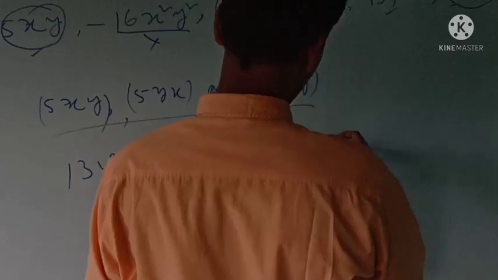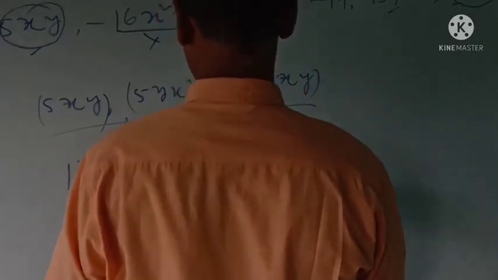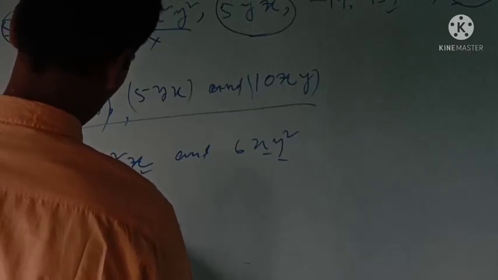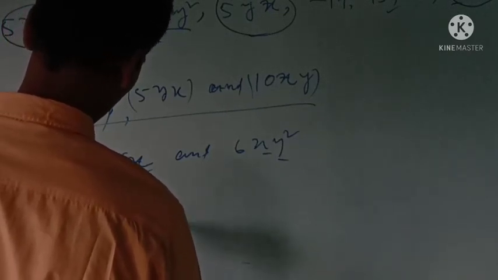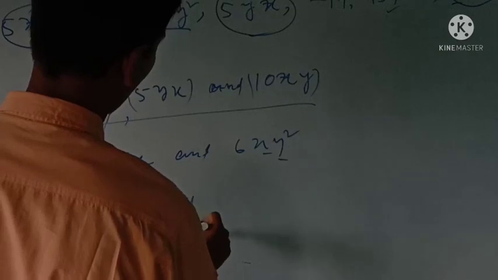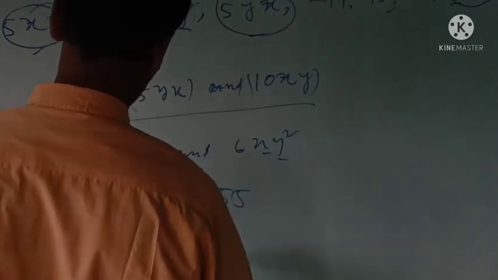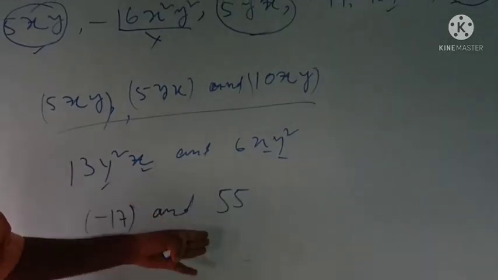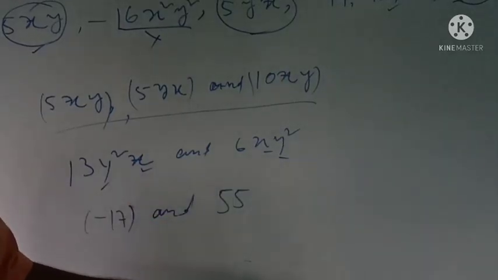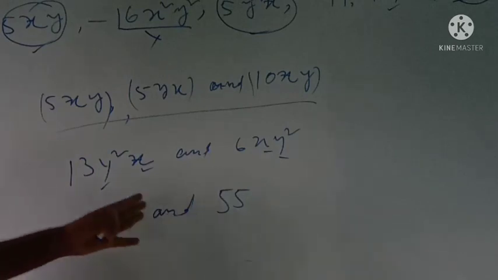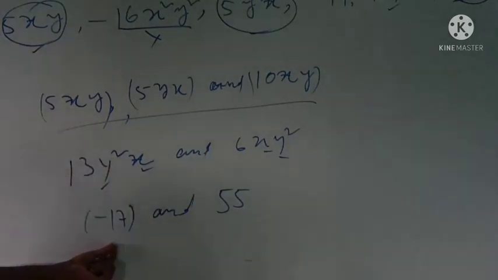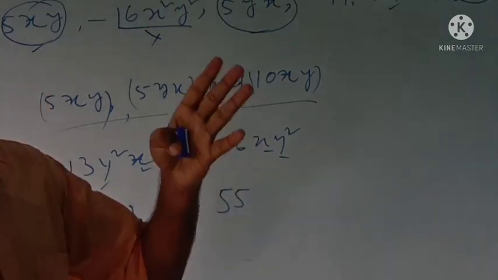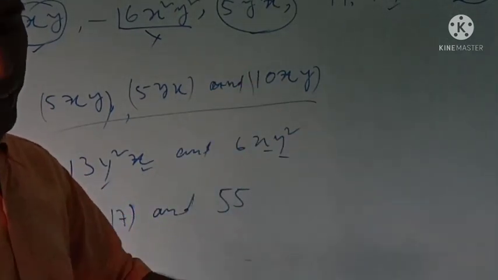Okay, and then we have got here minus 17 and 55, like term. Remember, two constant terms are always like term. Minus 17 is a constant term, 55 is a constant term. So two constant terms are always like terms.